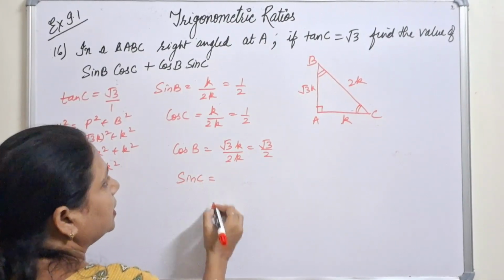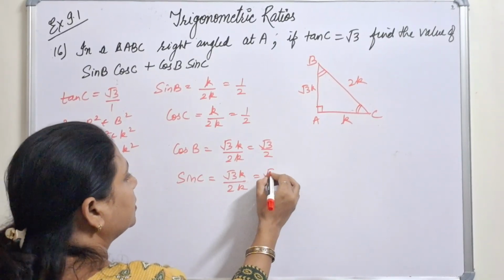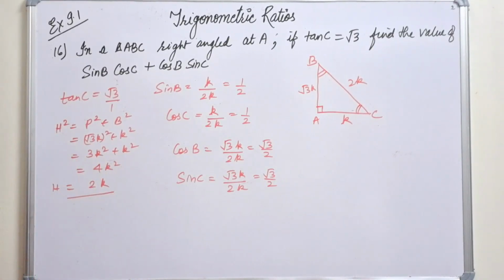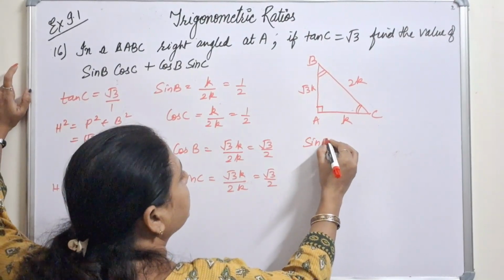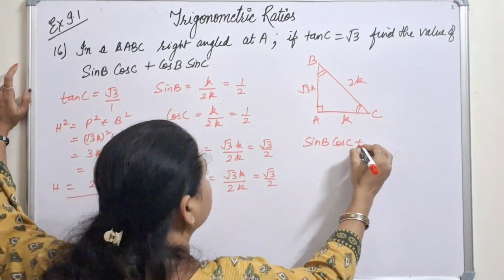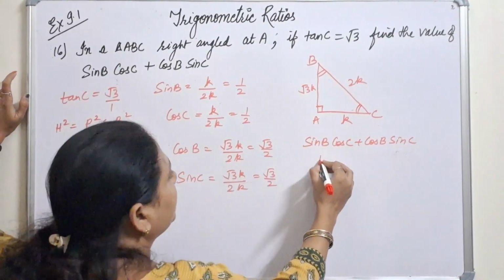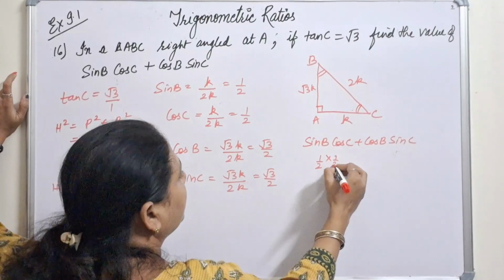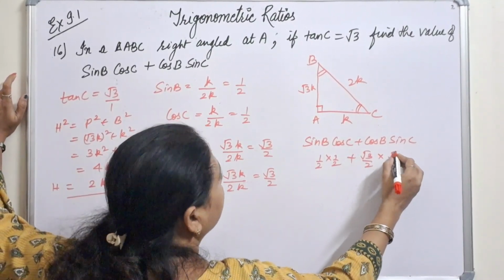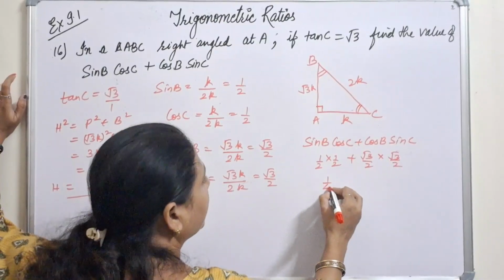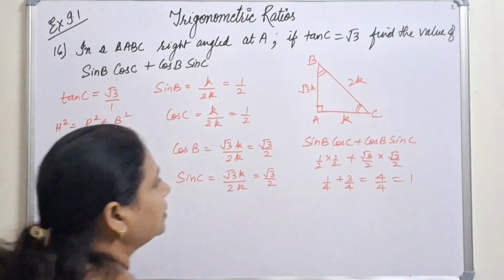And sin C will be under root 3k upon 2k, that is under root 3 upon 2. Now we'll substitute the values in the given expression. Sin B is 1 upon 2, cos C is 1 upon 2, cos B is root 3 upon 2, sin C is again root 3 upon 2. 1 upon 4 plus 3 upon 4, that is 4 upon 4, that is 1.